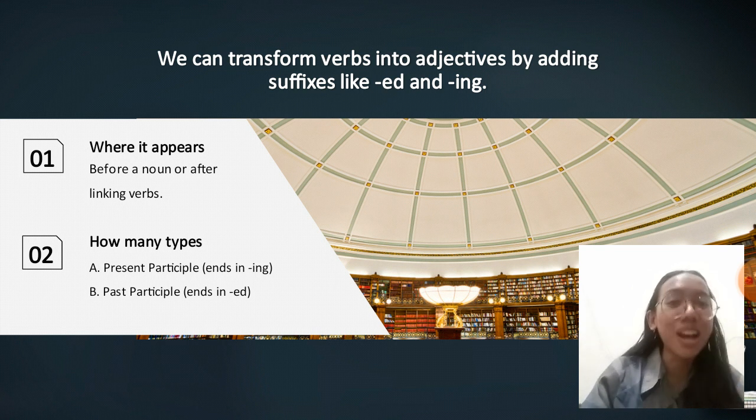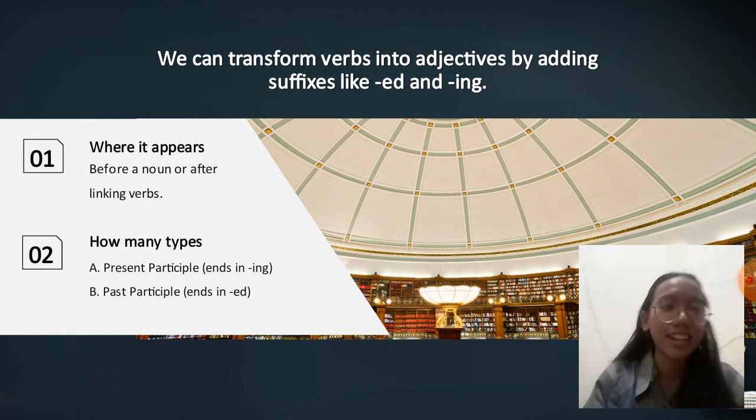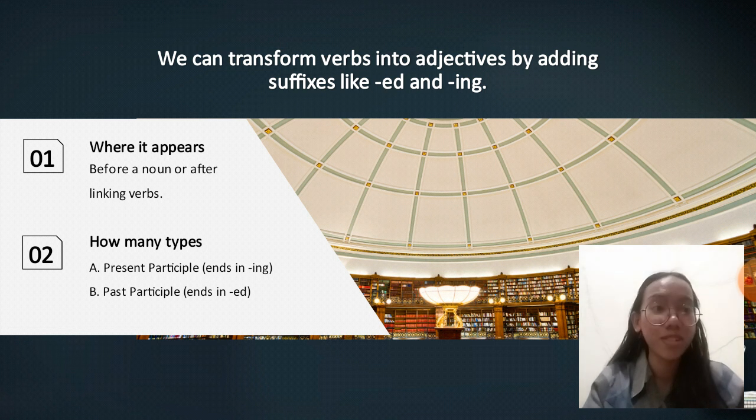Well, examples of present participle are annoying, disturbing, exciting. Now, imagine another verb, and add ed behind it. Right, examples of past participle are excited, annoyed, disturbed.